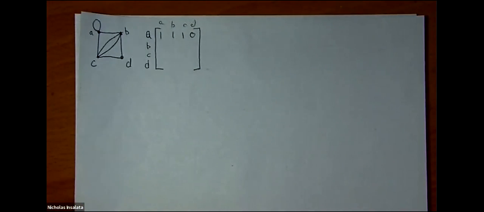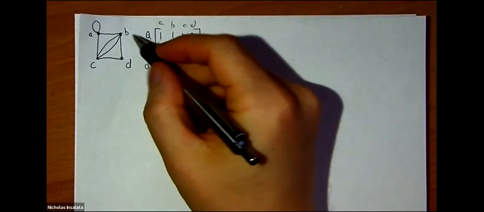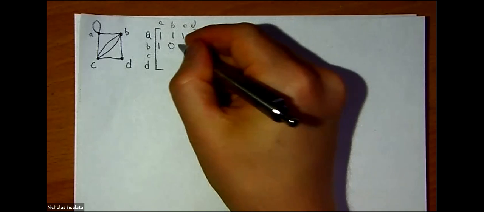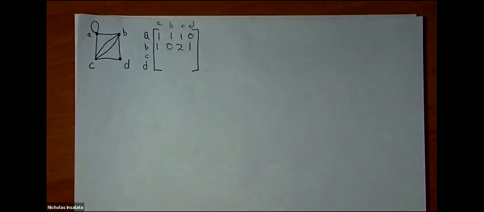Yeah, cool. Okay, how about the B row? What have we got here? Okay, A to B is 1, B to B, 0, B to C, 2, B to D, 1. Perfect. Okay, the third row.